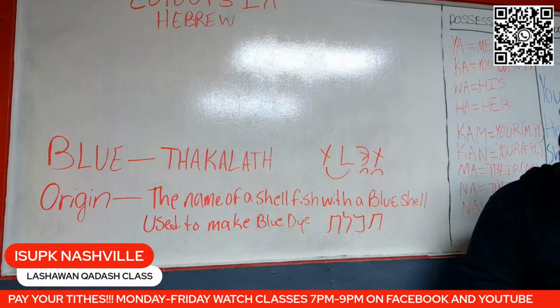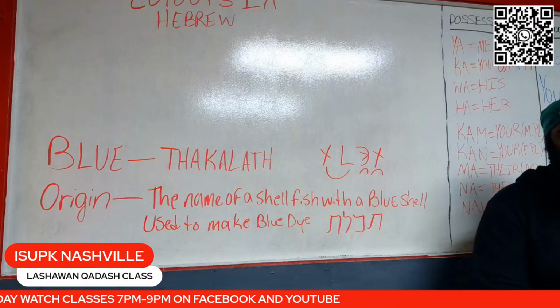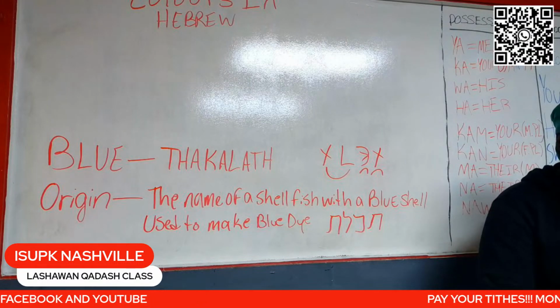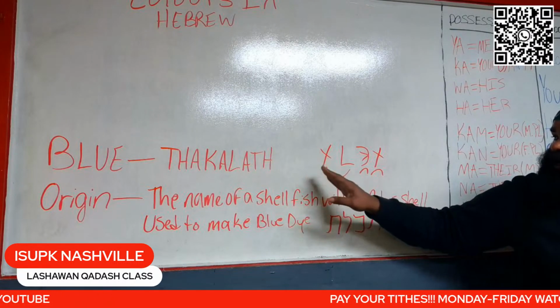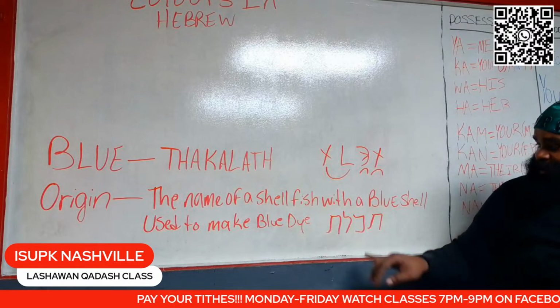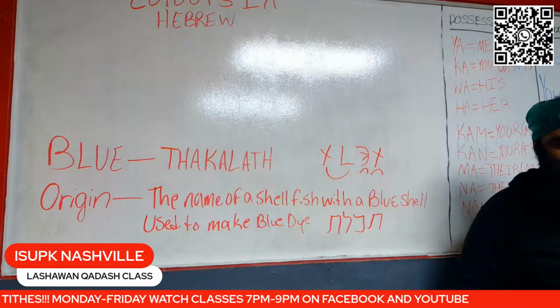But some stuff you're just not gonna understand why they did it the way they did. I don't know if they were trying to make a point, but it is what it is. So this is the Lashawan Kodash way to write Thakalaf, and this is the Assyrian way to write Thakalaf.